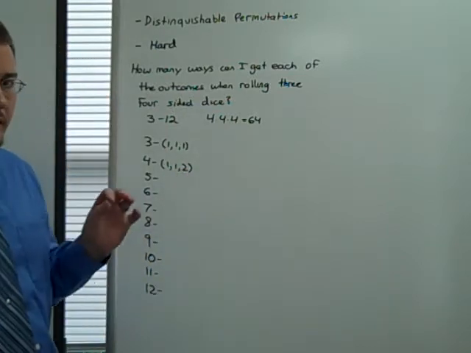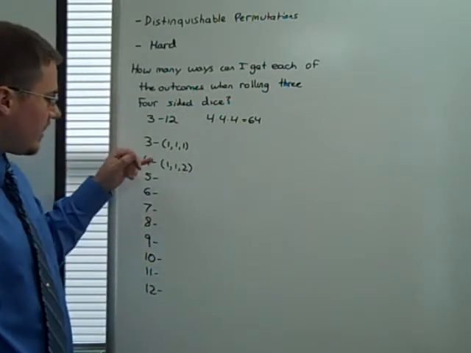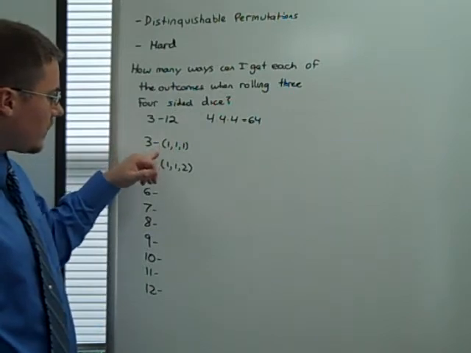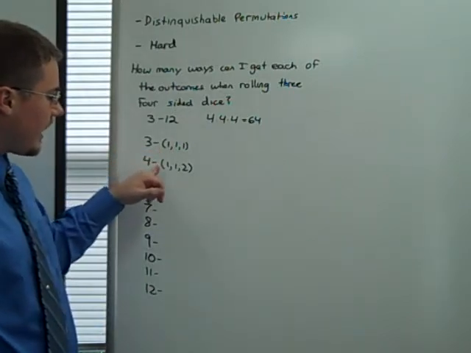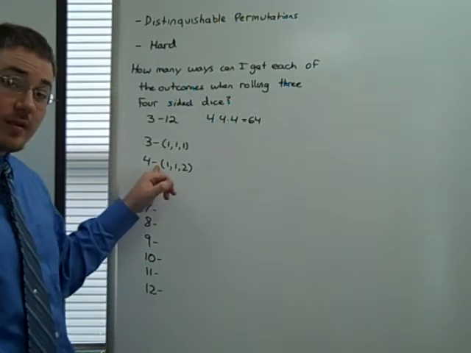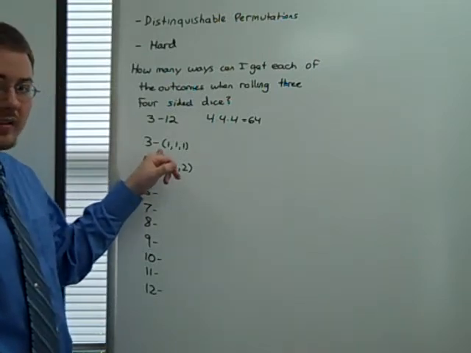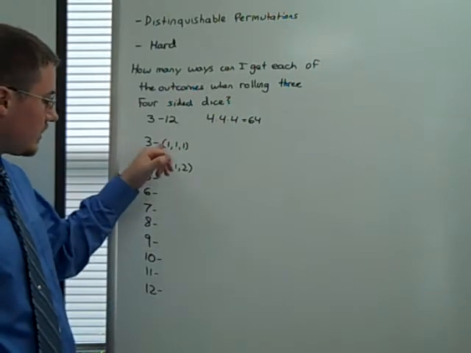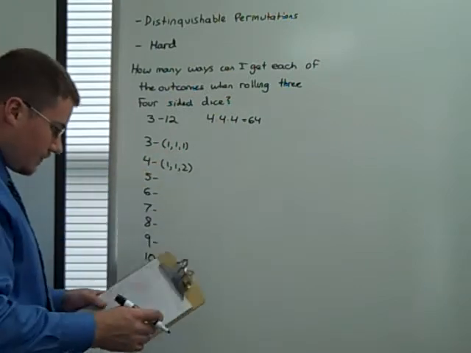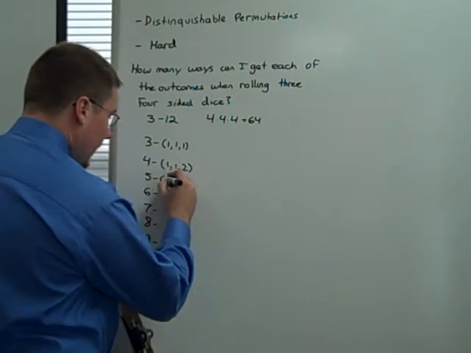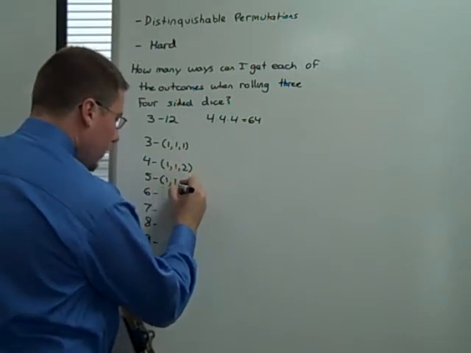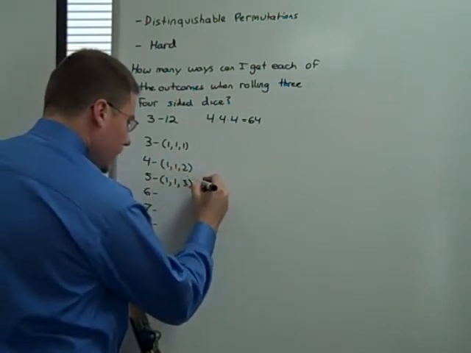Now think for a second. What's the number of ways that I could get a 1, a 1, and a 2? Well, there are 3 ways. How many ways could I get a 1, a 1, and a 1? There's only 1 way. So there's a subtle difference between these two. Now, for 5, I could get a 1, 1, and a 3.